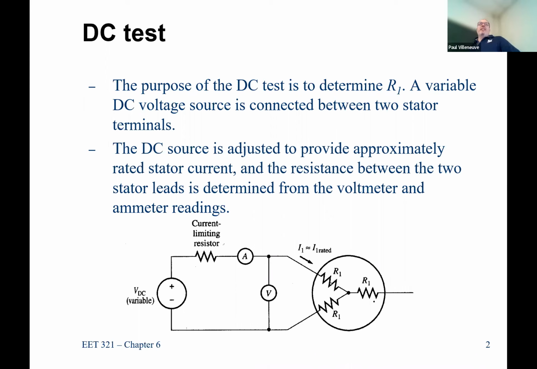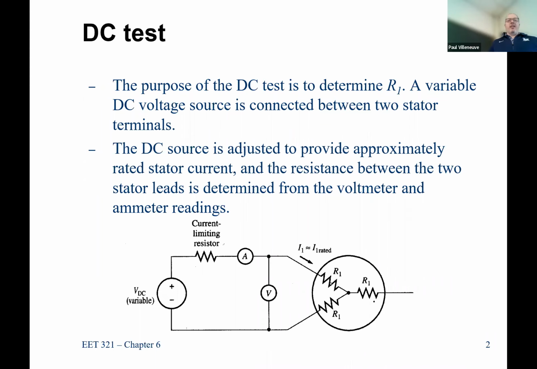So I'm going to run my DC test. This shows a Y-connected machine. So in my Y-connected machine, I have 2 resistors, which are in series with each other. So the DC test means run DC to any 2 leads, measure the current and the voltage, and you want to drive the DC so that you're getting rated stator current to get as accurate a measurement as possible.